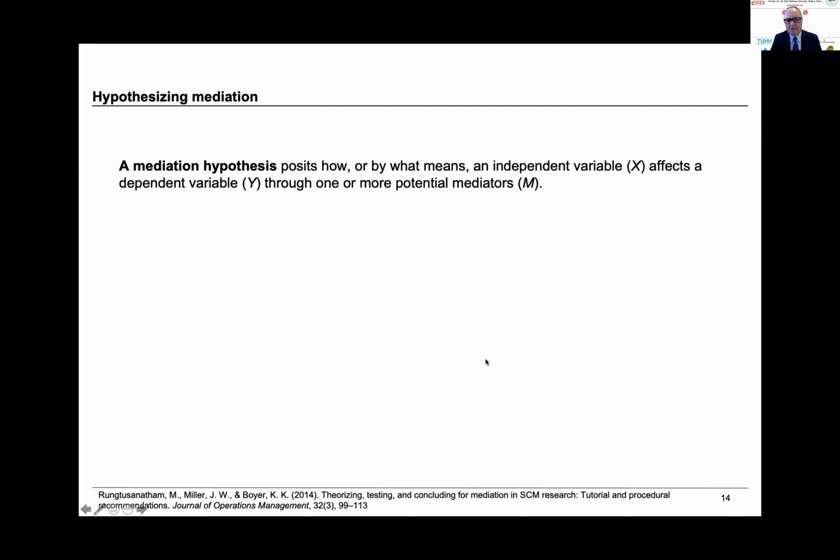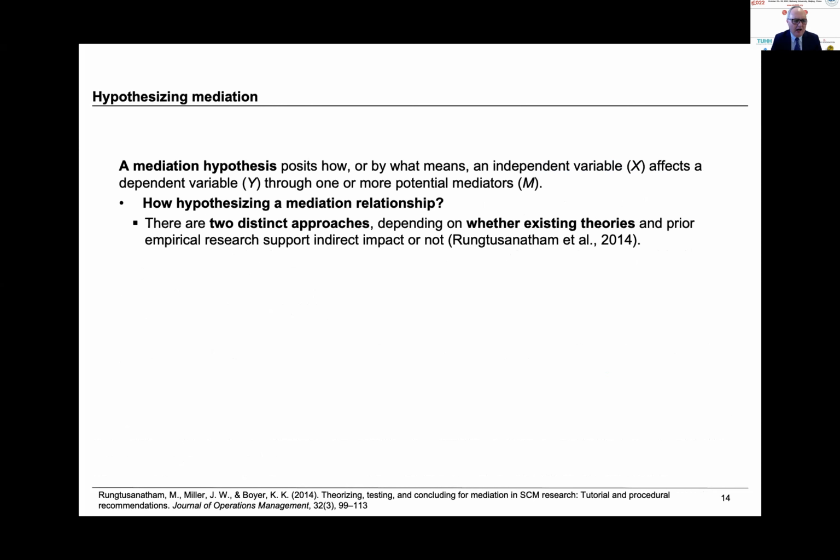A mediation hypothesis posits how or by what means an independent variable X affects a dependent variable Y through one or more potential mediators. How do we hypothesize a mediation relationship? Well, there are two distinct approaches depending on whether existing theories and prior empirical research support the indirect impact or not.